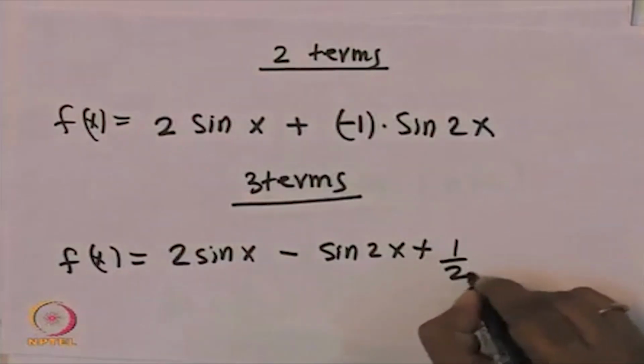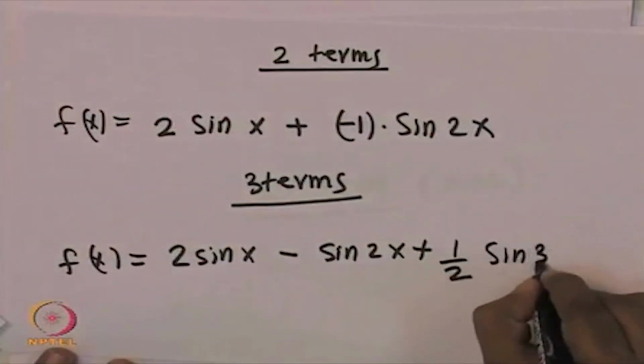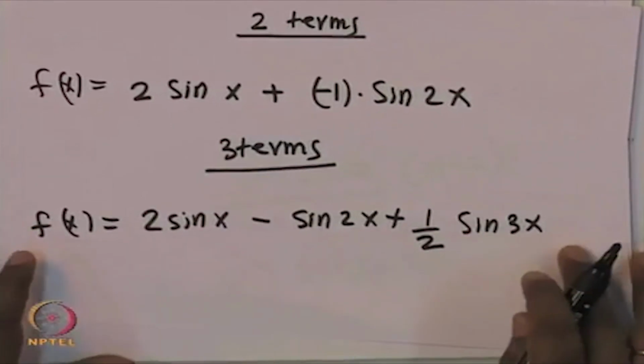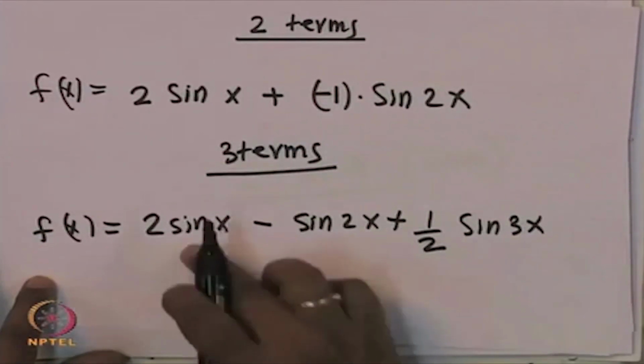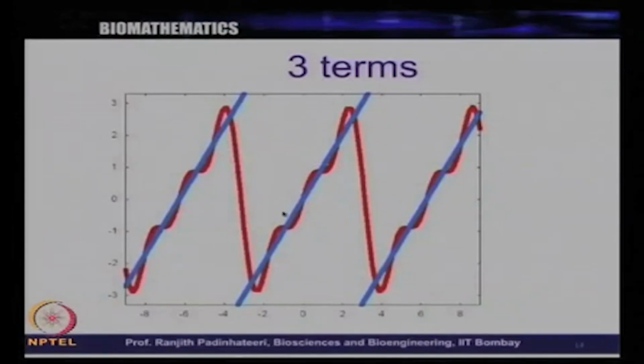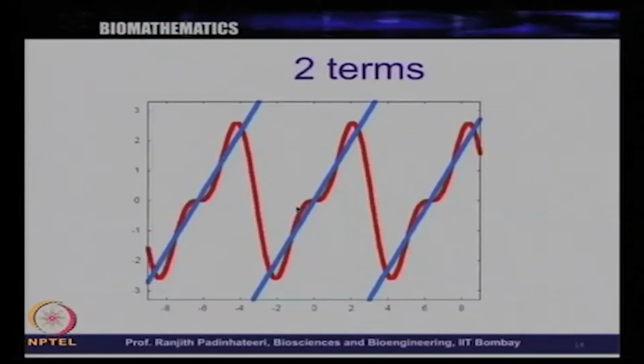So, if you add these 3 terms and plot this as f of x, what you get is this. Look at here, in this plot. So, 3 terms is better than 2 terms, slightly better.